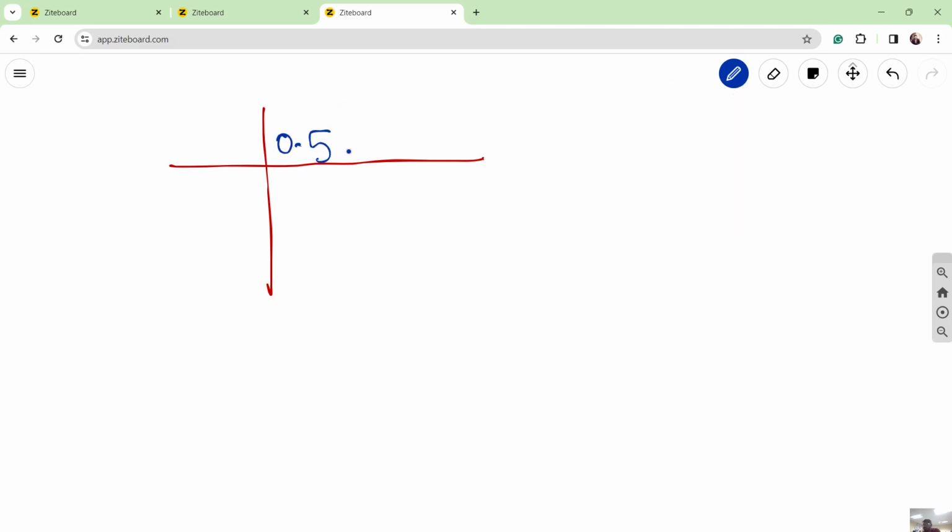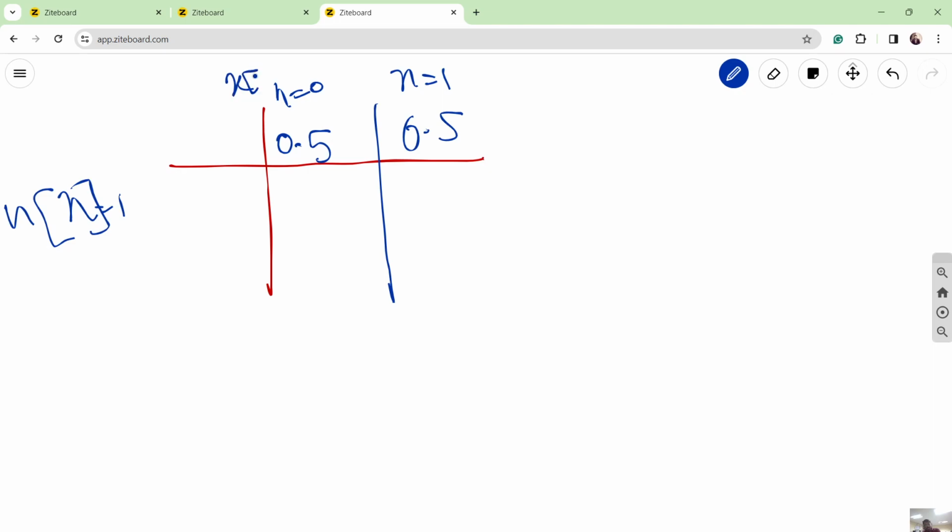Zero point 0.5 for n equals to 0 and n equals to 1, it is 0.5. Similarly for hn for n equal to 1, this is the hn, this is the xn.